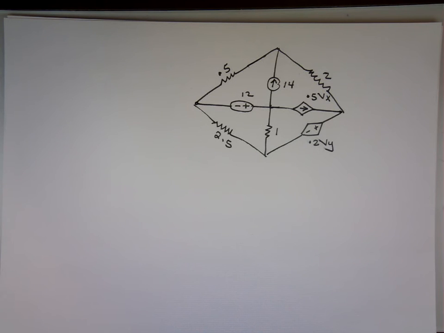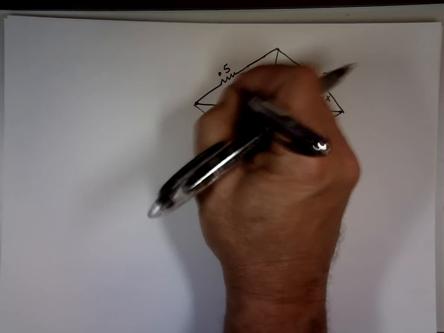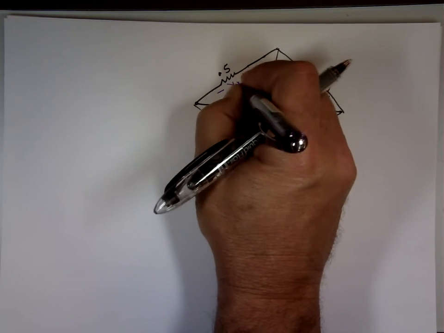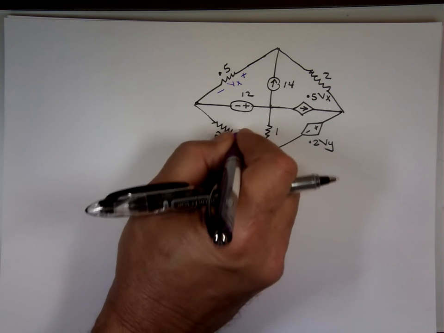Let's define Vx as this voltage, plus to minus Vx. And let's define Vy, this voltage, plus to minus Vy.